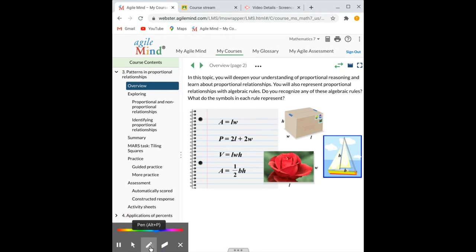What does the A stand for? Who can help her out? I don't know what the A stands for, but I know what the W I think it stands for. What does it stand for? Area. Area equals what times what? Good. Length times width. Perfect.